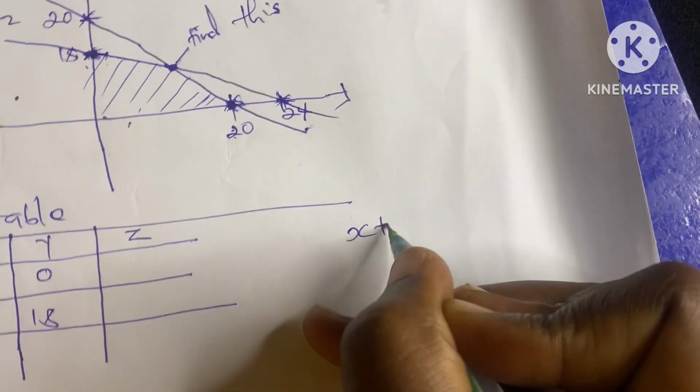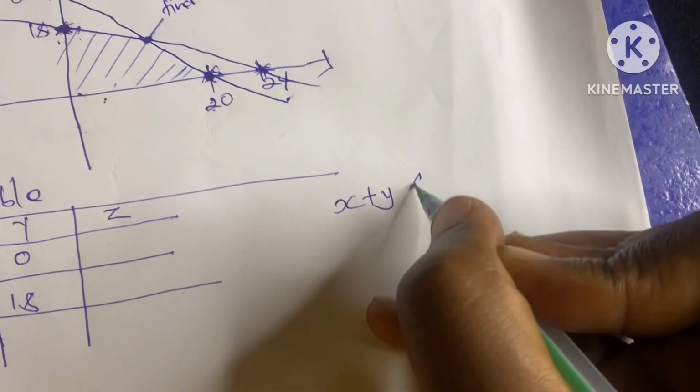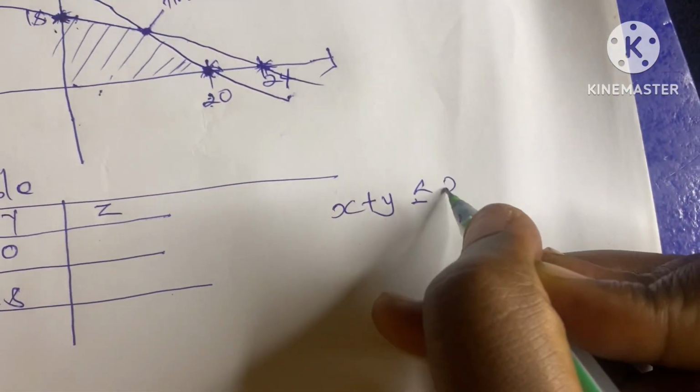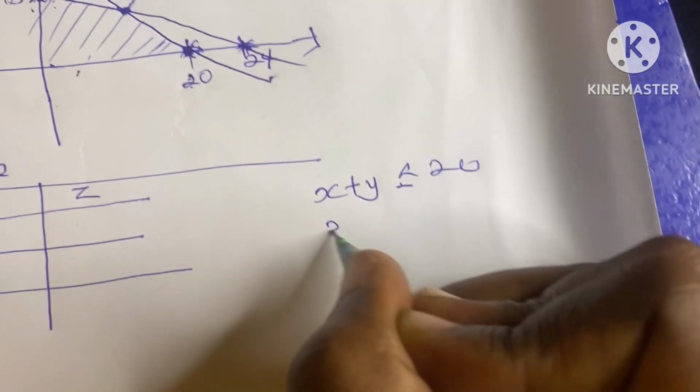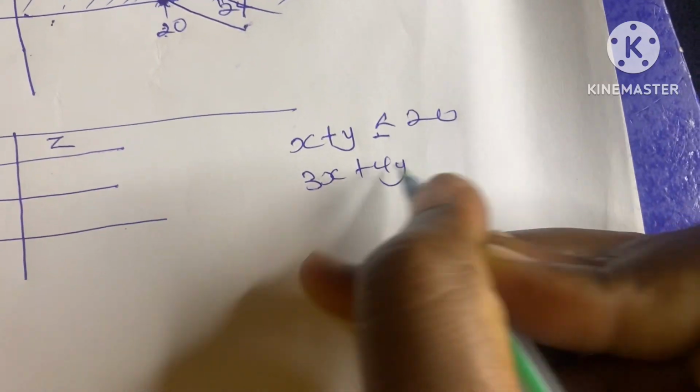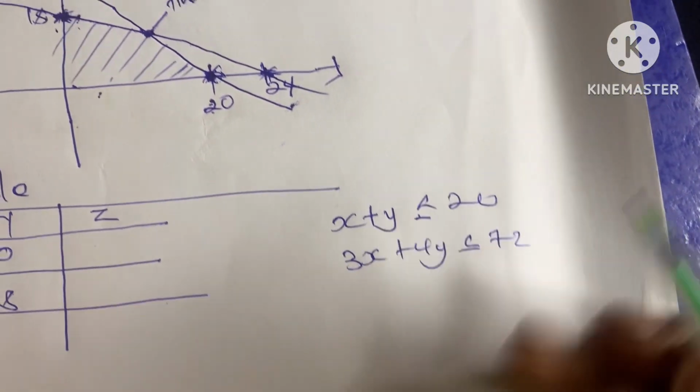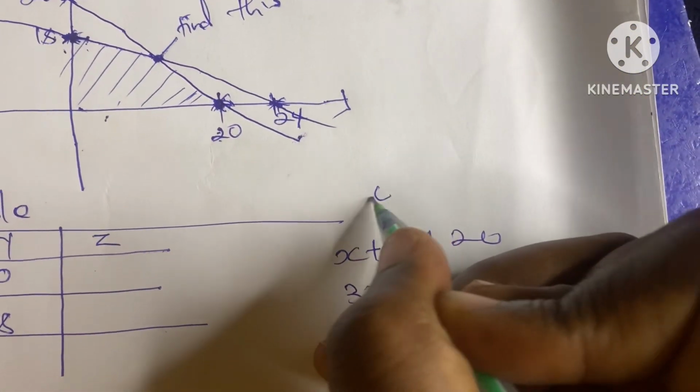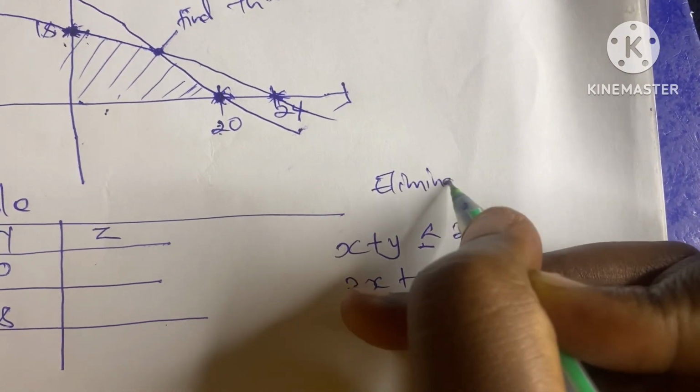So x plus y less than or equal to 20. Then we have 3x plus 4y less than or equal to 72. Like that, we are going to use the elimination method.